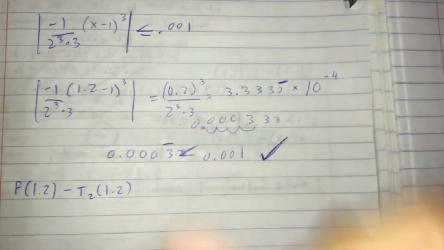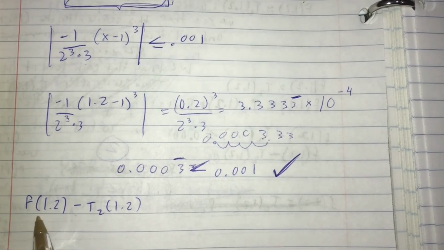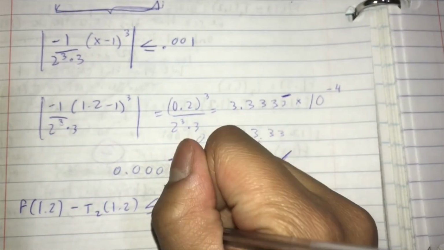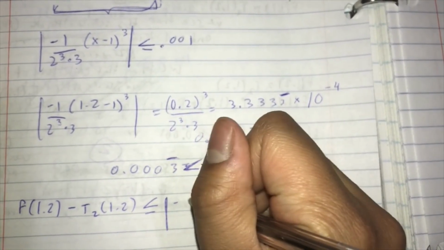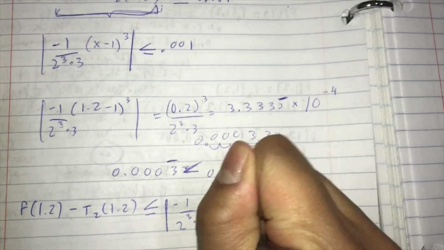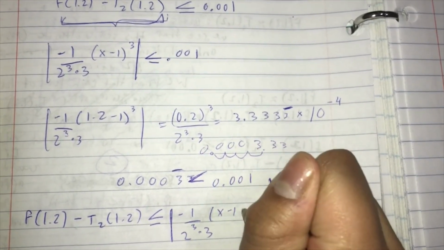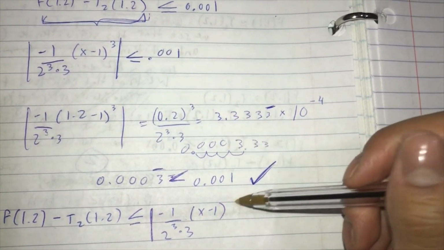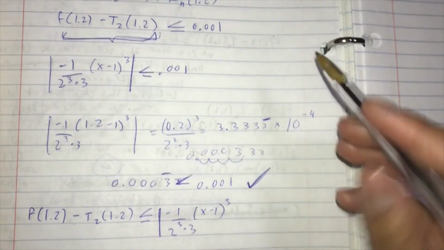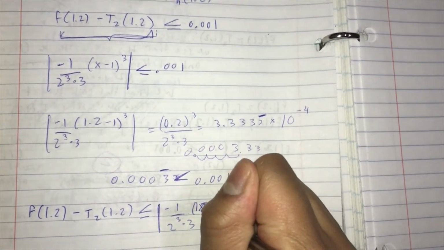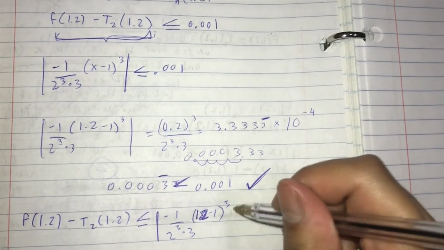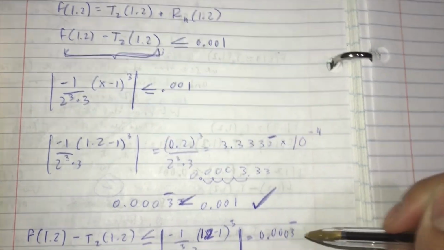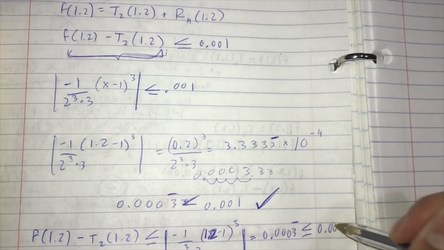We're finding that the difference between the exact value of f of 1.2 minus the second degree Taylor series is going to be less than that fourth term, which is -1 over 2 cubed times 3 times the quantity of x minus 1 cubed, with 1.2 for x, because that's where we're evaluating it, which is equal to 0.0003 repeating, which is less than 0.001.